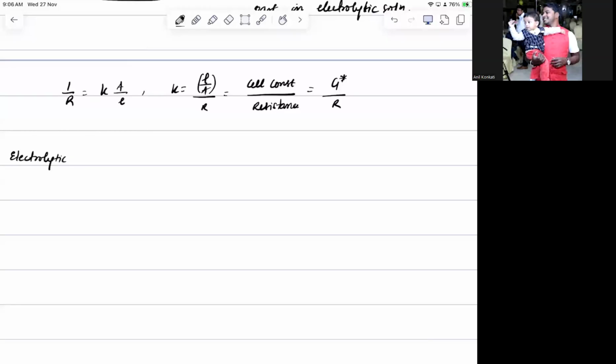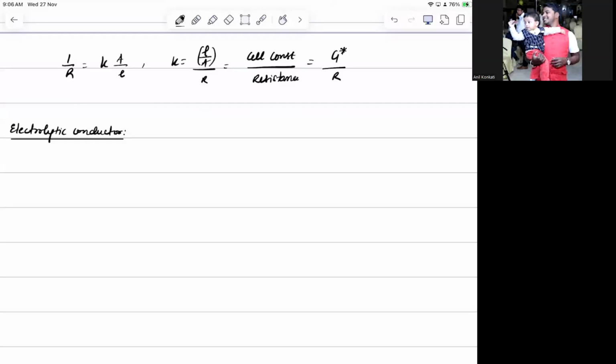But for an electrolytic conductor, what you need to know more importantly is what factors it depends on. First, it depends on the nature of the electrolyte: what electrolyte you are using, and whether it is a weak electrolyte or a strong electrolyte. It also depends on the concentration of electrolyte in the solution.